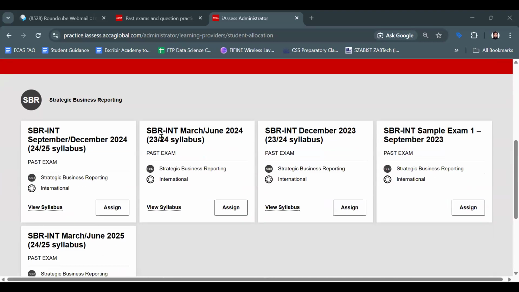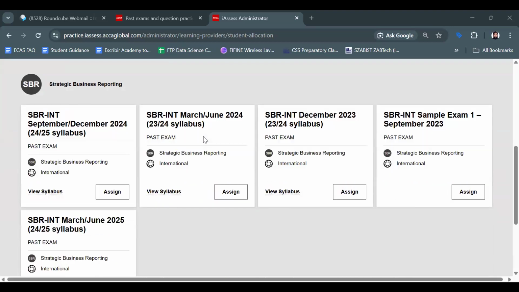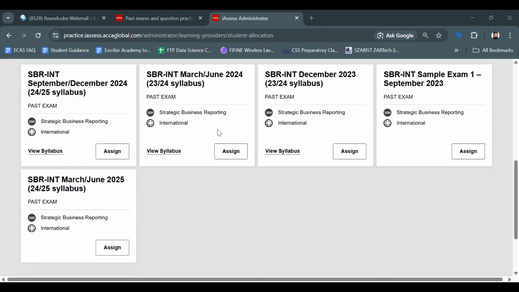Okay, so I'm now having these past examination papers in front of me. What I could probably do is go on to do the latest examination question. I'll assign these examinations to myself. So I have assigned all the available examinations to myself.